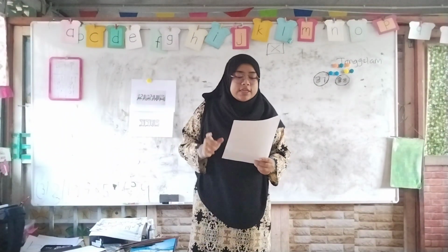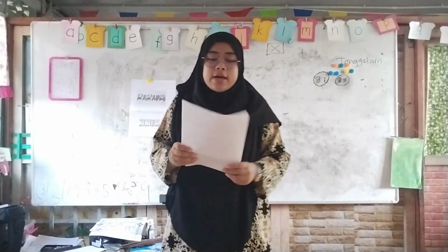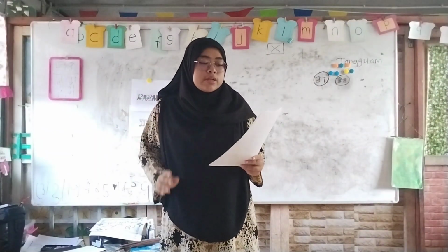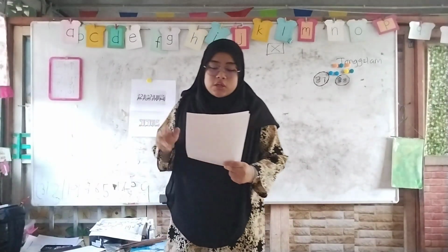Secondly, Diwani is a cursive style that developed during the Ottoman Empire in the 16th century. This calligraphy was often used for official documents, royal decrees, and other formal purposes. Diwani is also used to decorate buildings such as mosques.